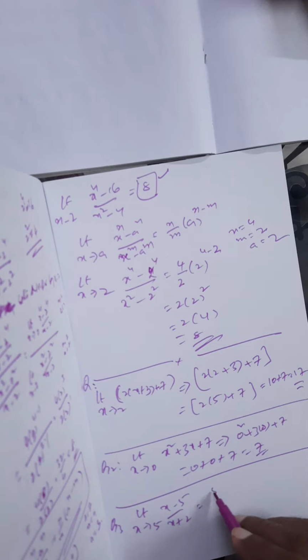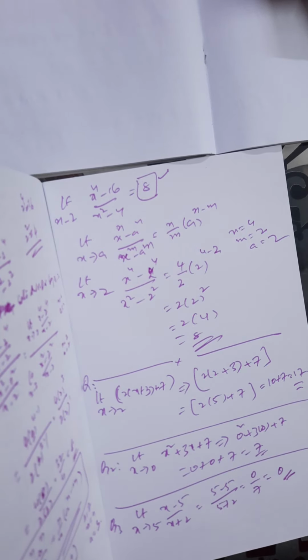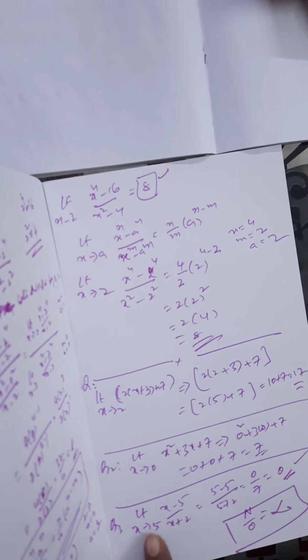Now apply the limit: 5 minus 5 over 5 plus 2, that is 0 by 7, which is 0. A number divided by 0 is not a limit, but 0 by 7 is a defined value 0, so this limit exists.